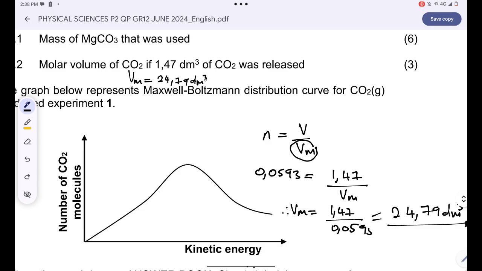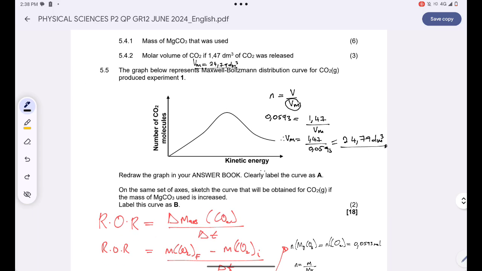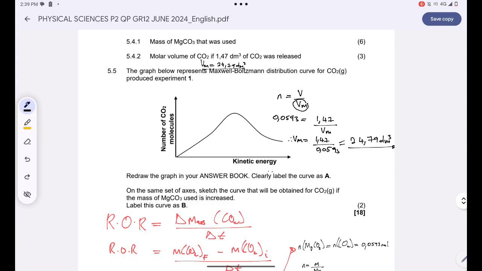Now we are told that the graph below represents the Maxwell-Boltzmann distribution curve for carbon dioxide produced in experiment 1. Redraw the graph in your answer book. Clearly label the curve as A on the same set of axes. So this will be A. Then on the same set of axes, we must sketch the curve that will be obtained for carbon dioxide if the mass of magnesium carbonate used is increased.